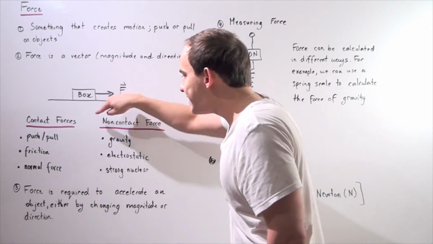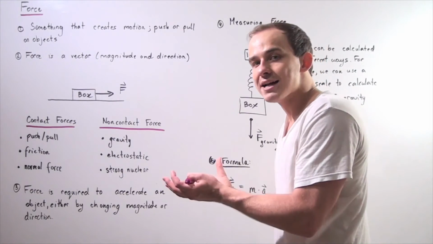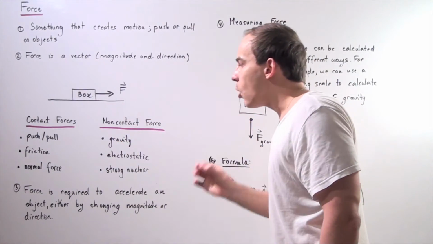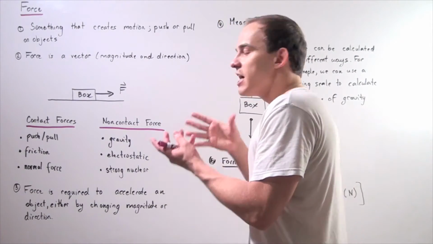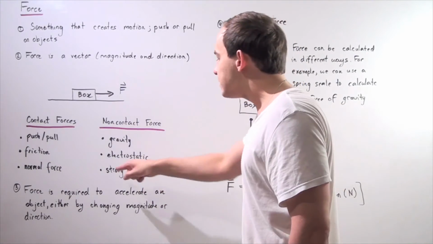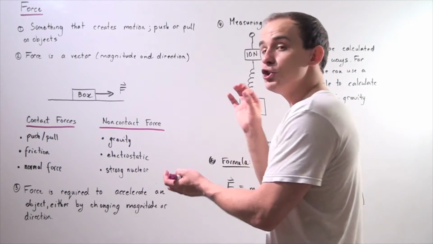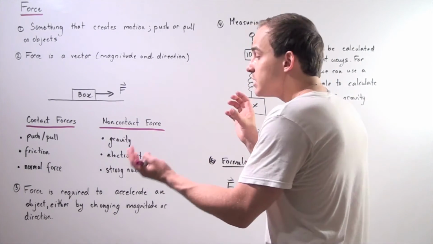Gravity is simply a non-contact force that is created because of mass. Now, likewise, electrostatic force is also a non-contact force that exists between objects that have charge. And strong nuclear force is a force that exists in the nucleus of an atom. It holds the nucleons together.